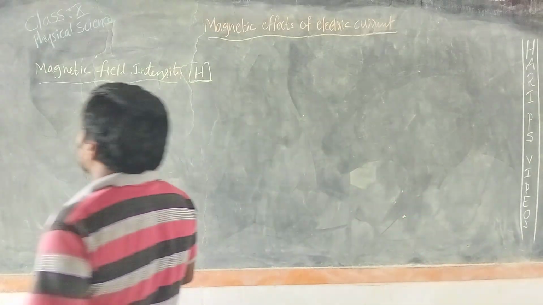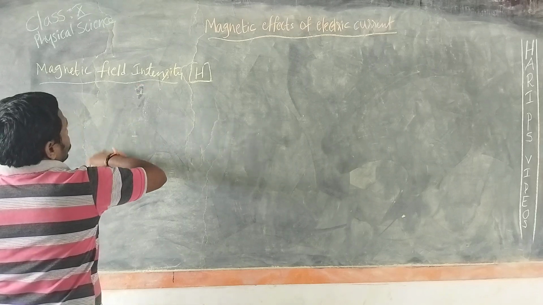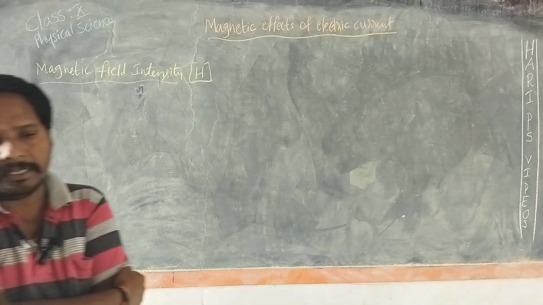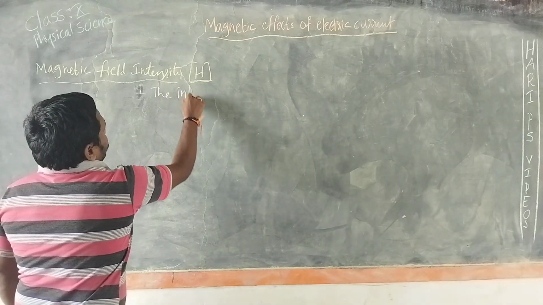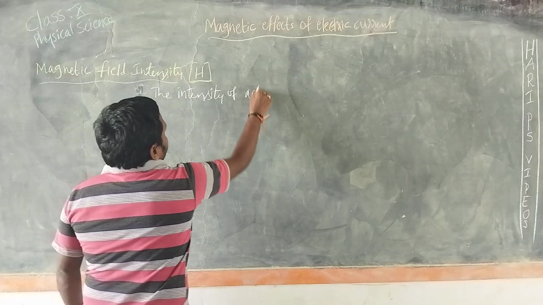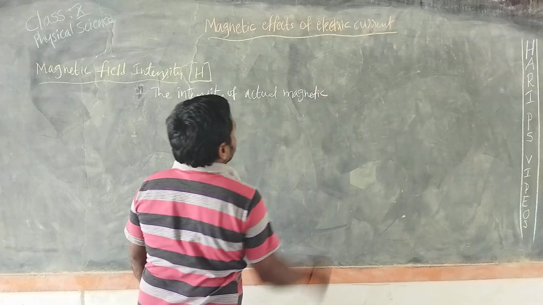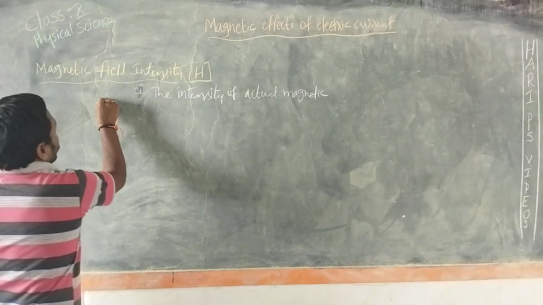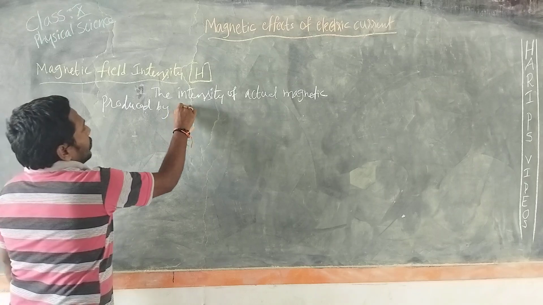It is the intensity of the actual magnetic field produced by a current.